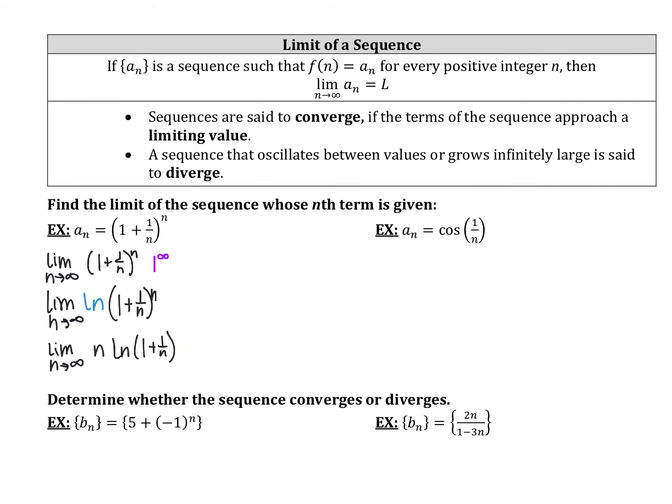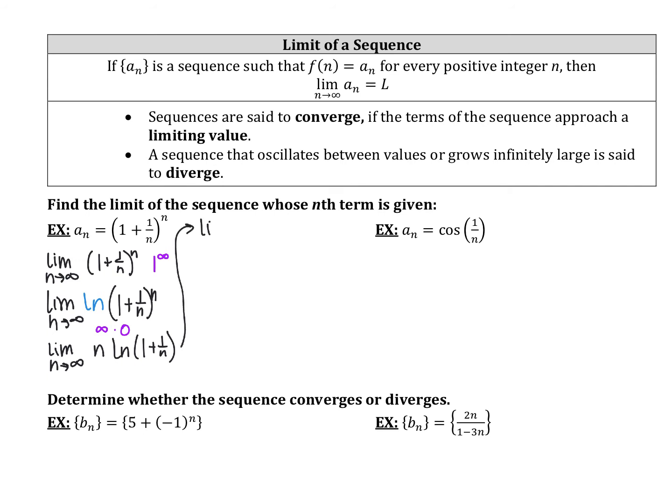Now, I brought it down, so if I try the limit now, I'm going to check it. The problem is I get infinity times 0. So 0 times infinity, infinity times 0, that's still an indeterminate form. So I still have more work that I need to do. So when it's 0 times infinity, remember the technique that we're going to use is we're going to change one of them to a fraction.